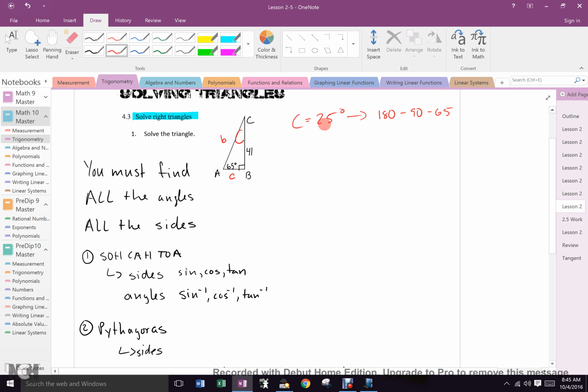All right. Now, here is the way I like to do this. I like to use the angle that is written on the triangle already. I'm not going to use 25. I'm going to use the 65. Do you have to do it that way? Of course not. That's just the way I like to do it.